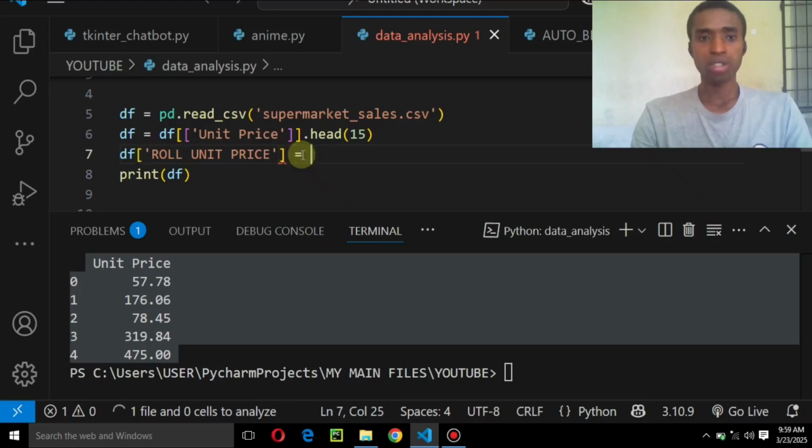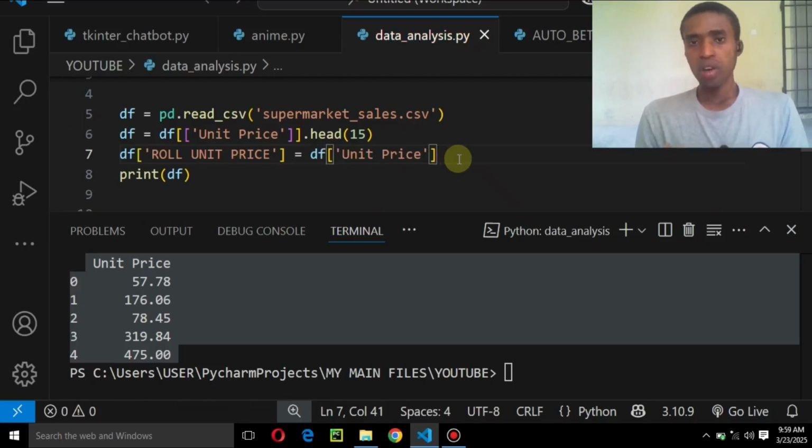You get the idea. I want to apply it on the unit price, so I'm going to remove one or two columns here. Here I'm going to apply the rolling function and set a particular parameter, window, to 3.